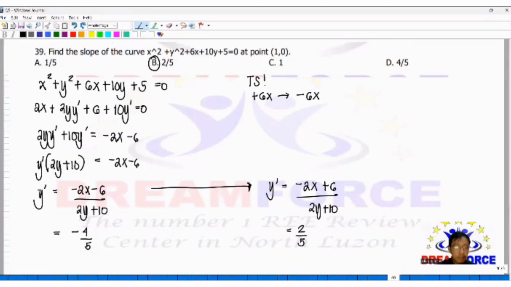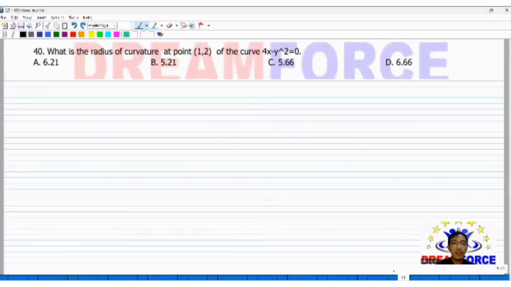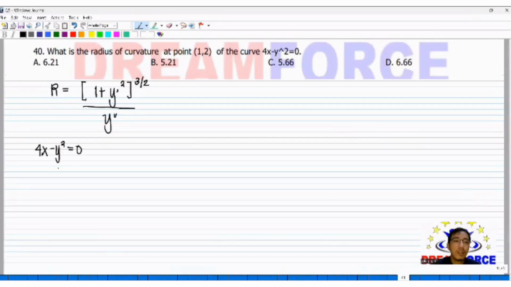Okay, next. Number 40. What is the radius of curvature at point (1, 2) of the curve 4x minus y squared equals 0? Ganun ulit. Ang formula ng radius of curvature is 1 plus y prime squared raised to 3 halves over y double prime. Yung equation natin, 4x minus y squared equals 0.